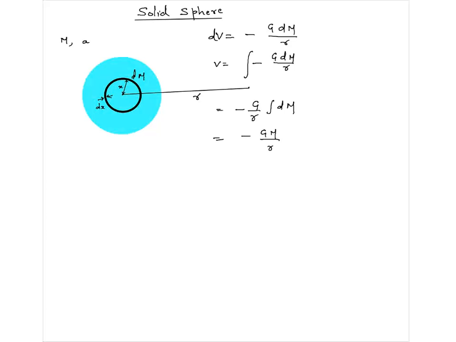Suppose now we have a point somewhere here, at distance r. Now we divide the sphere into two parts: one part inside this radius, small r, and one part outside this radius.